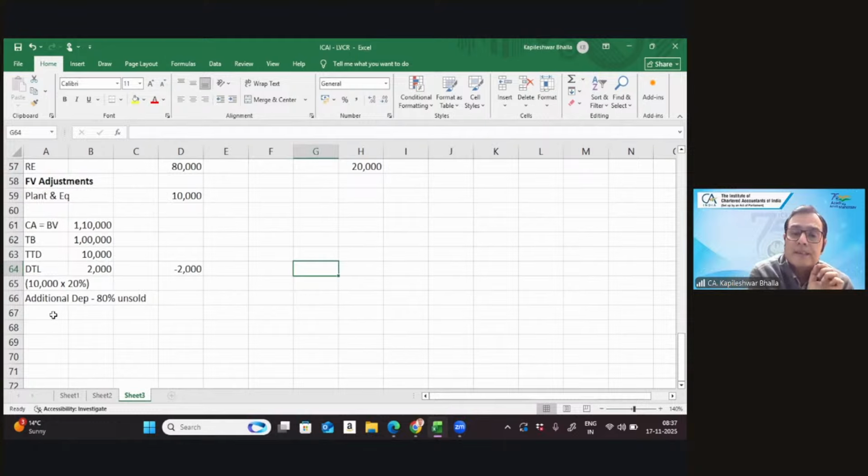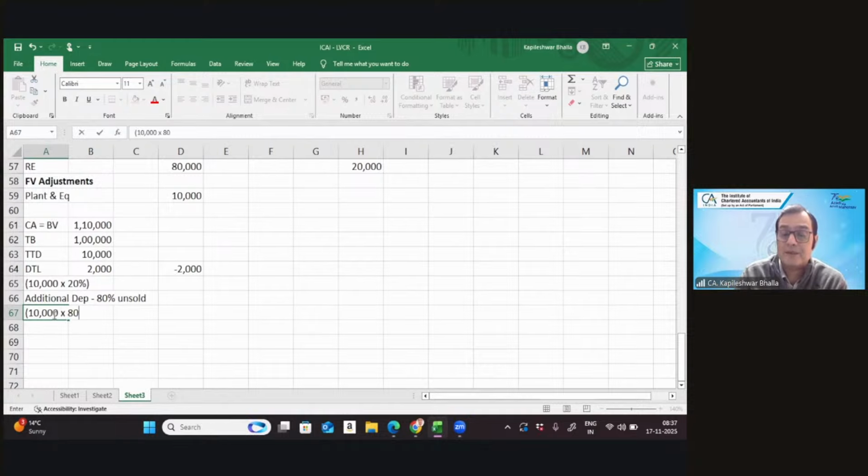Now, let's consider the additional depreciation. Can I say we need to consider depreciation on 10,000, but we'll take 80% of this because we're talking about the 80% that is unsold. And we divide this by 5 years. What is the annual depreciation? I guess it comes to 1600, I think.